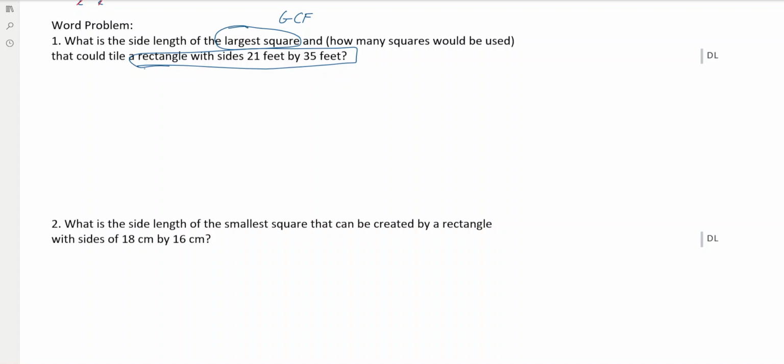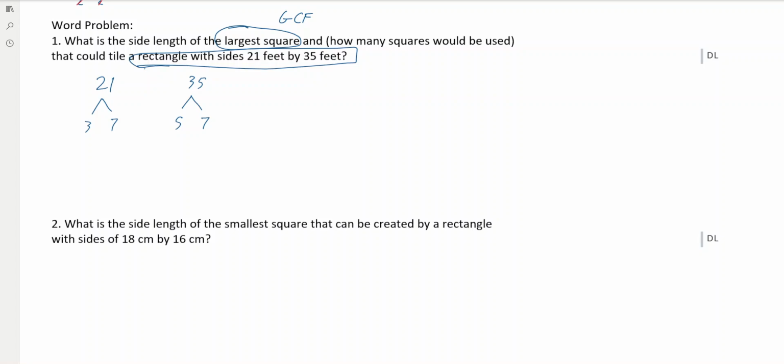So let's just talk about the GCF. So GCF between 21 and 35. Okay, so if we do this, we're going to get prime factor tree 3 and 7, 5 and 7.